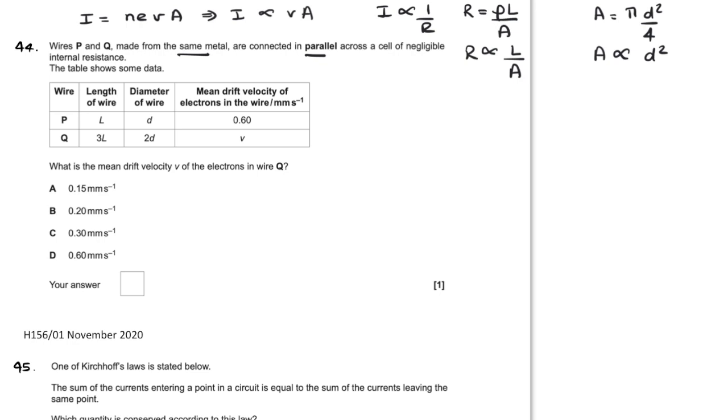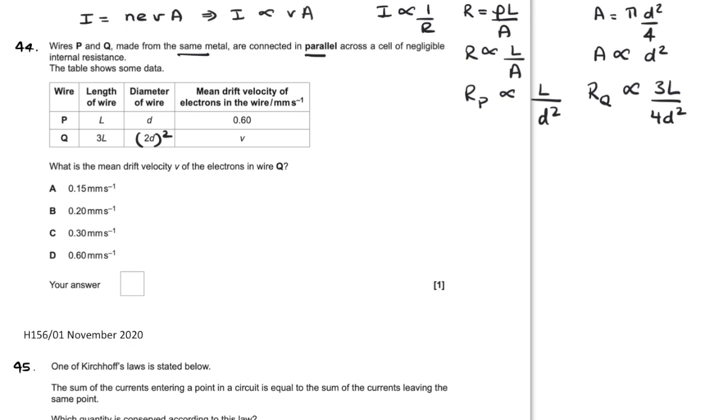Let's start with the resistance first, because then we can put that into our current equation and figure out what the mean drift velocity is. With respect to wire P, the resistance is proportional to the length and the area, which is d squared. With wire Q, you have R proportional to 3L over 4d squared, because you square the 2d, so you get 4d squared.